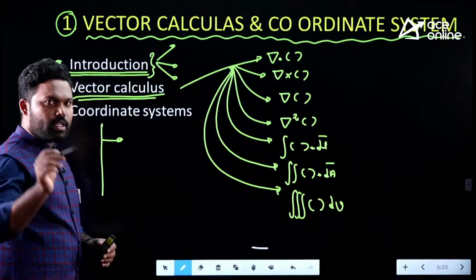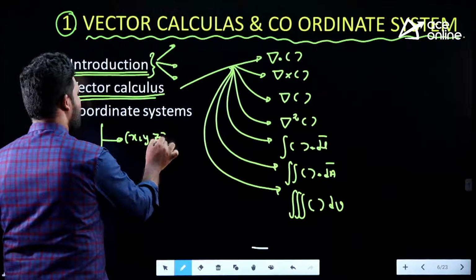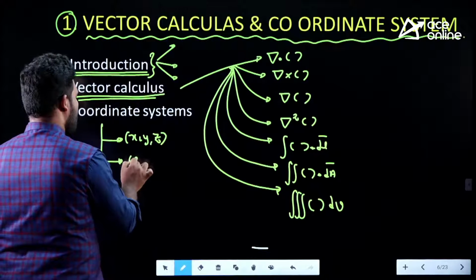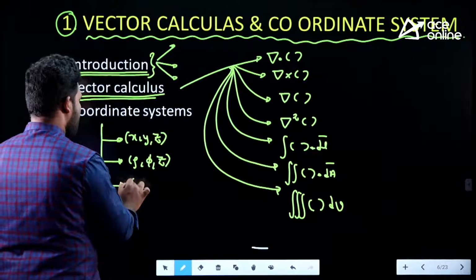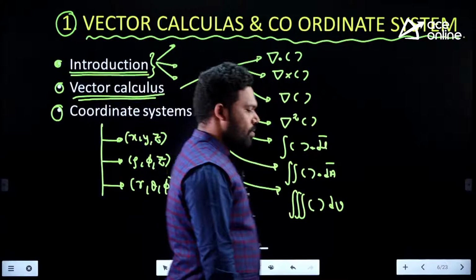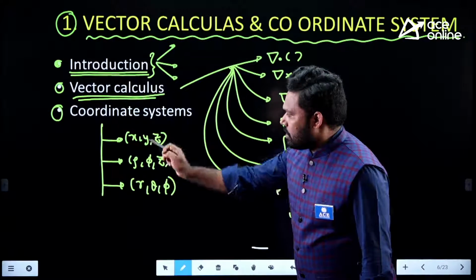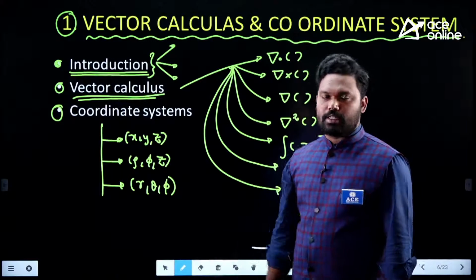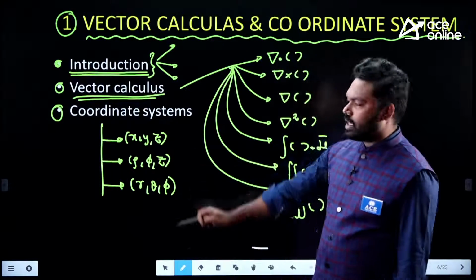Majorly we have three coordinate systems here: x, y, z, that is the Cartesian coordinate system; then rho, phi, z, that is the cylindrical coordinate system; and then r, theta, phi, that is the spherical coordinate system. And you should know conversions among them, especially point conversions. There are two conversions, vector and point conversions. You should focus on point conversions.